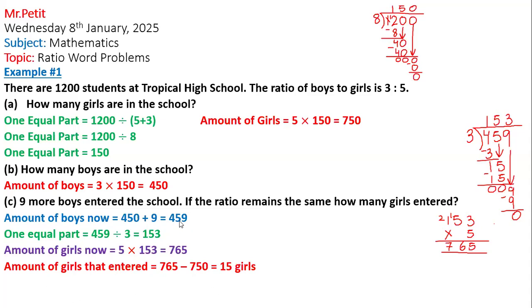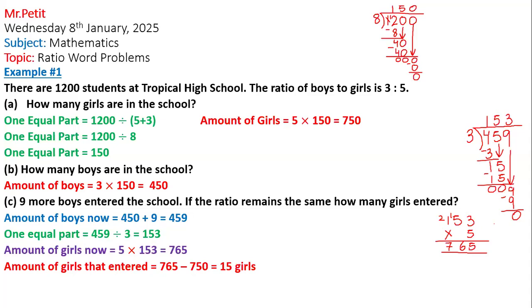And then you divide that by 3. You divide 459 by 3, it gives you 153. But why did we divide it by 3? Why did we use 3?